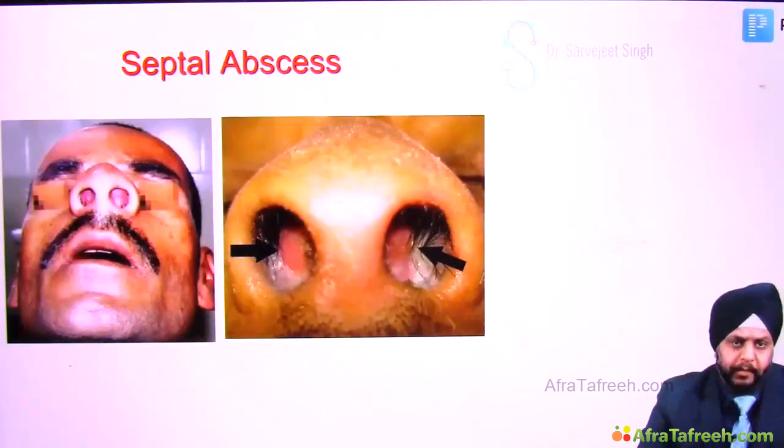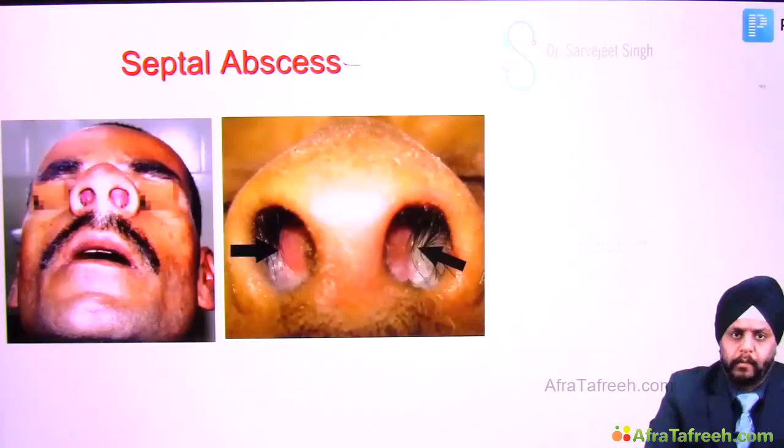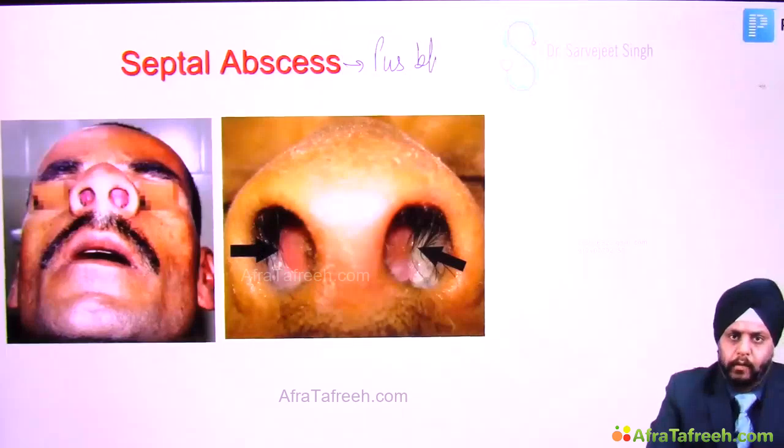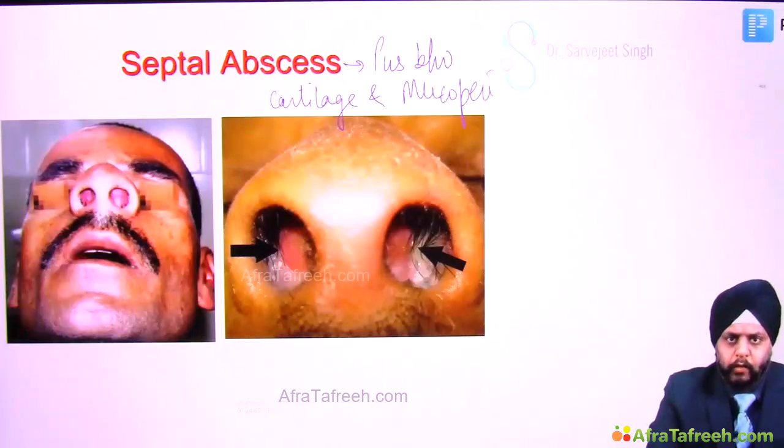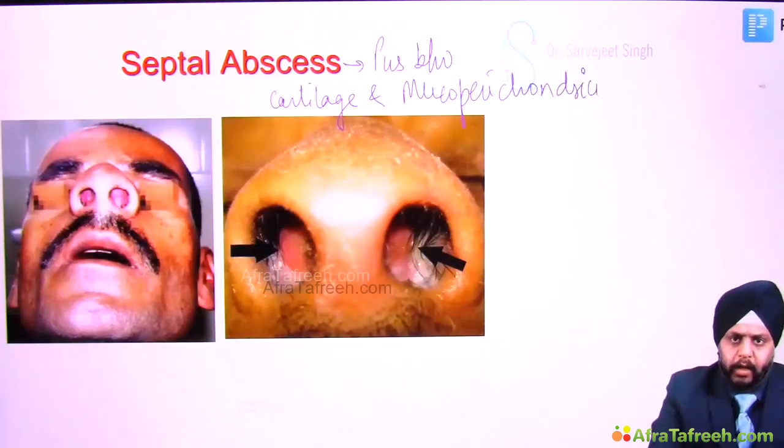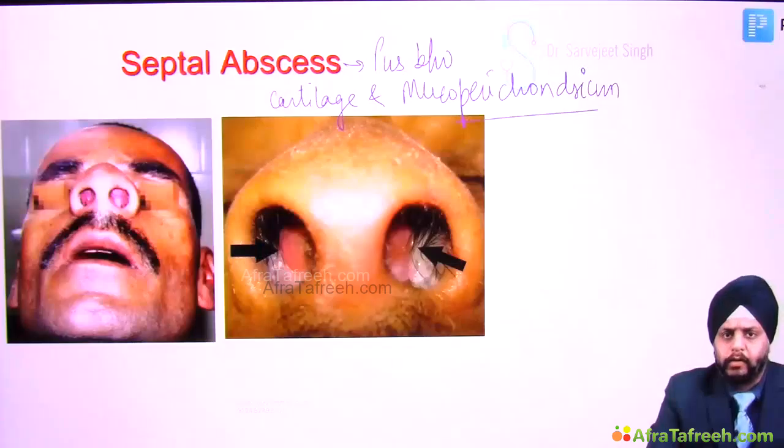So what is septal abscess? Septal abscess is pus. There is pus between the cartilage and its mucoperichondrium. Now the blood has been replaced by pus. There are dead cells, macrophages, white blood cells, lymphocytes, leukocytes.